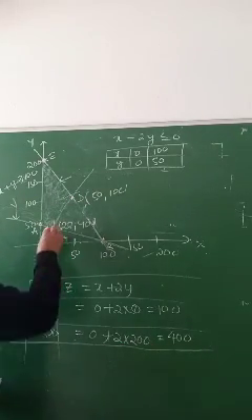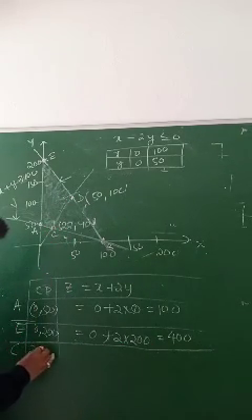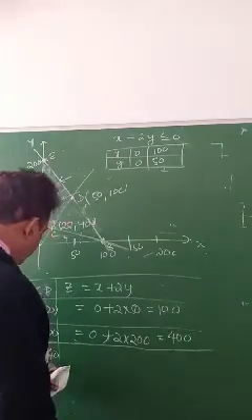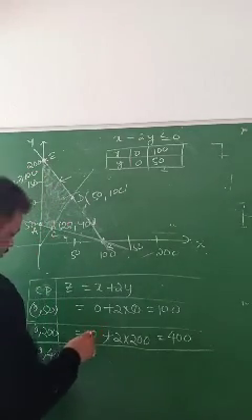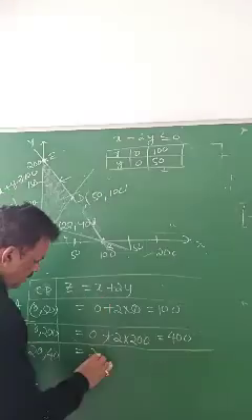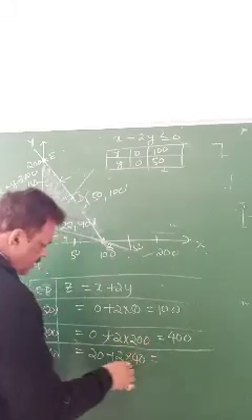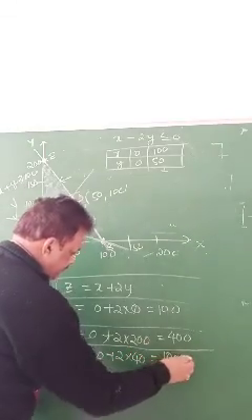Then comes C, 20, 40. I hope you can see it. 20 plus 2 into 40, that is 100.